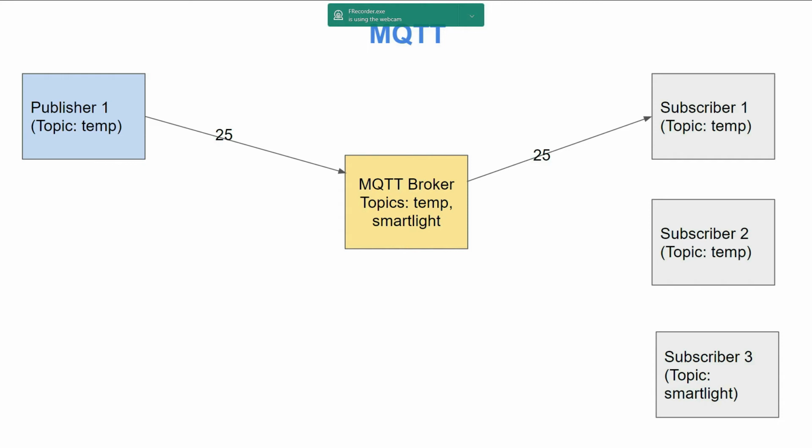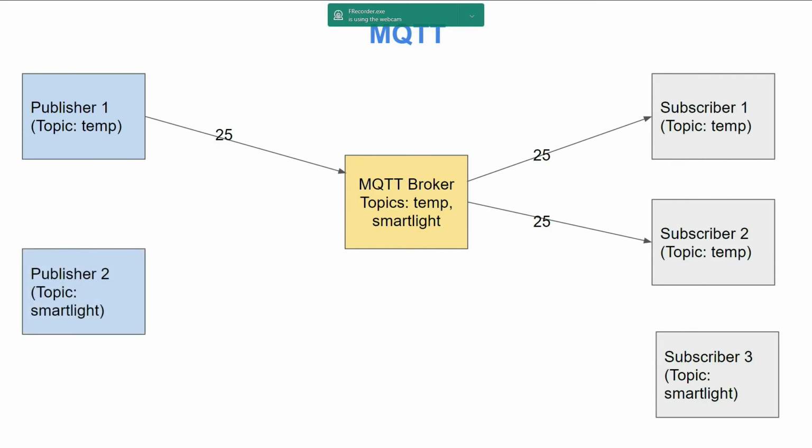So it will pass 25 to subscriber 1, and it will also pass 25 to subscriber 2. So let's say publisher 1 keeps passing the temperature value every 5 seconds or every 1 minute. Whenever the MQTT broker receives the message, it will pass on the messages to those particular subscribers who have subscribed to the topic temp.